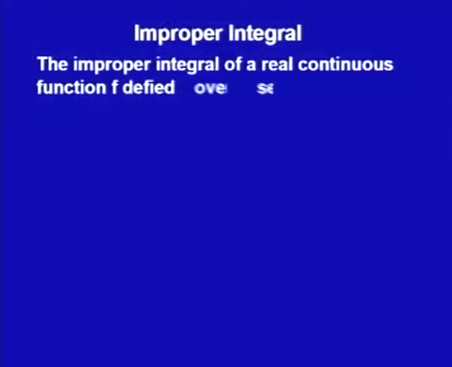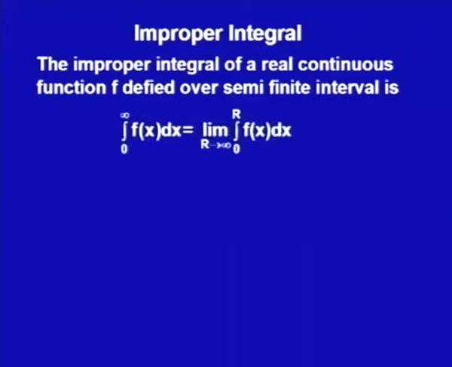What is an improper integral? The improper integral of a real continuous function f defined over a semi-infinite interval, for example, the positive real line x greater than or equal to 0, is defined as the integral from 0 to infinity of f(x) dx as the limit as r approaches infinity of the integral of f(x) dx over the range 0 to r.